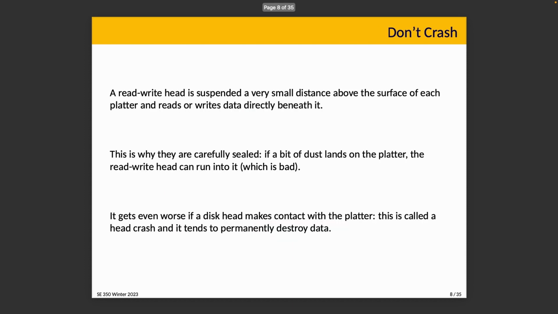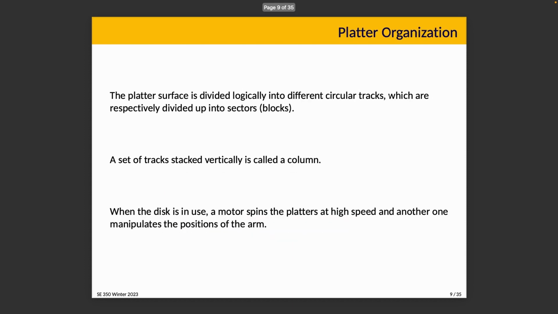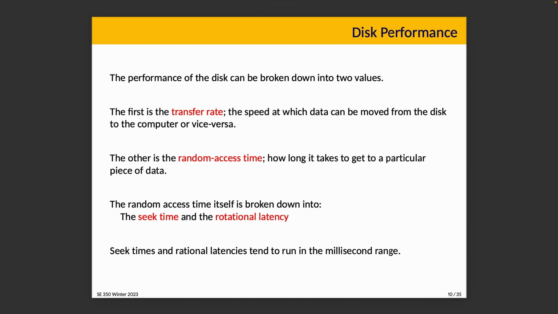All right, given all of this, we know a couple of things about the performance of the disk. There are effectively 2 values that are relevant when it comes to, I would like to buy a disk, please. One of them is the transfer rate. This is how much data we can move from the disk to main memory or vice versa. And the other is the random access time, how long it takes to get to a specific piece of data.